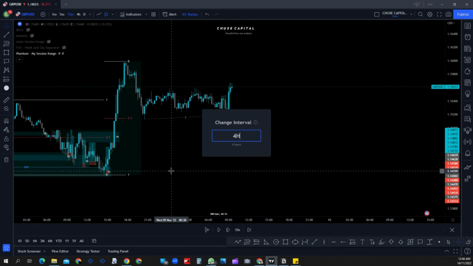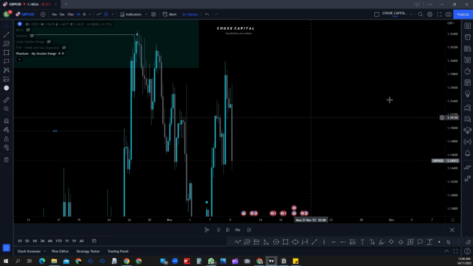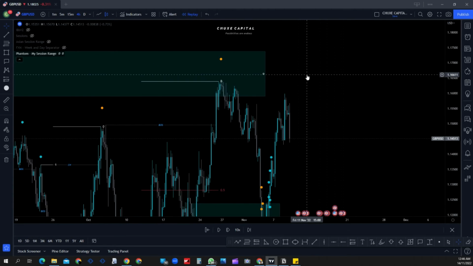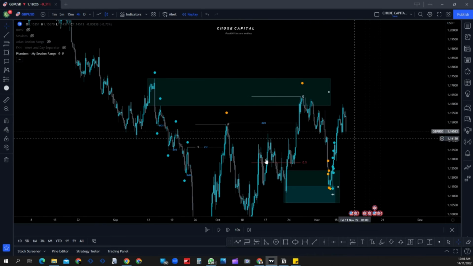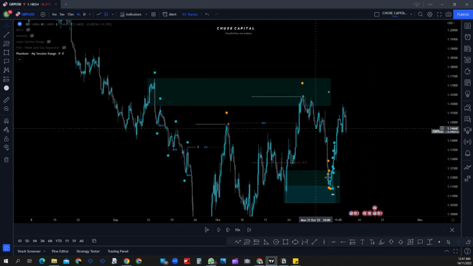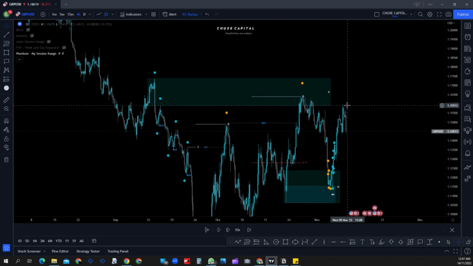Let's see what happened on the 4H. So based on 4H, price has broken here, come down, still playing.